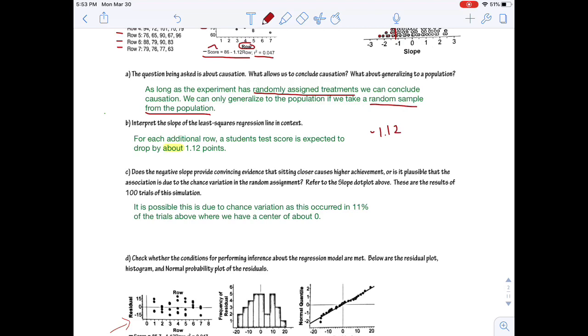So it's possible that this is due to chance variation, as it occurred in 11% of those trials above. So even if the true slope is supposed to be 0, 11% of the time we could get this or more extreme. So we can't really go and say that there's a causation there.